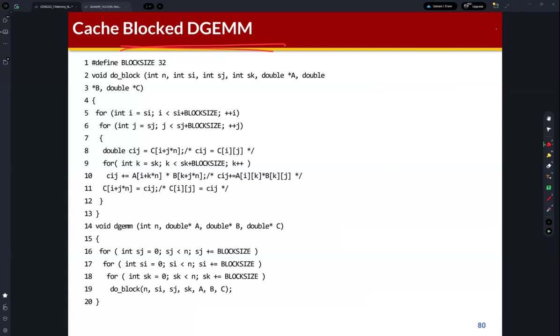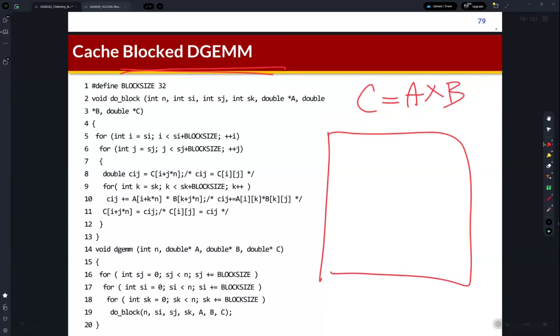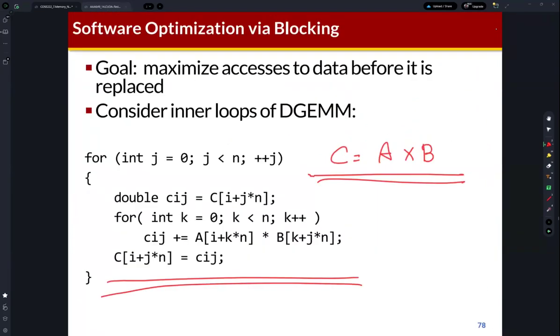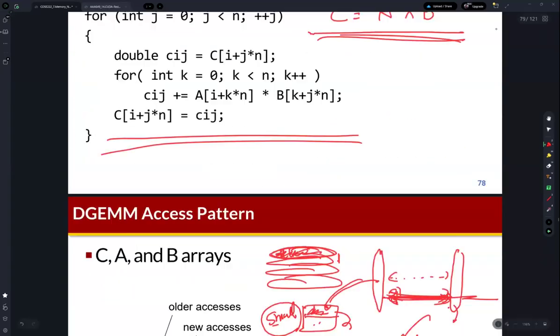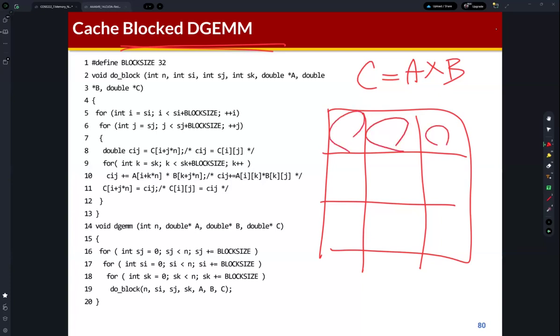So this is the algorithm part, right? That's why we need to learn about the algorithm, right? So actually, when we perform C equals A multiplied by B, using this very simple program, we can calculate C equals A multiplied by B. But in order to reduce the size of the problem, we can split the matrix into multiple smaller submatrices, like here and here, here.